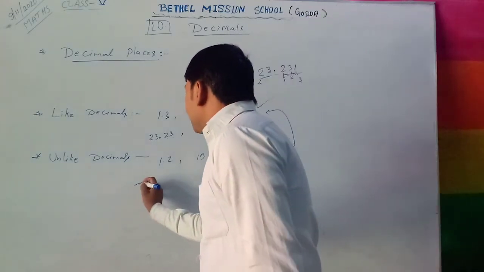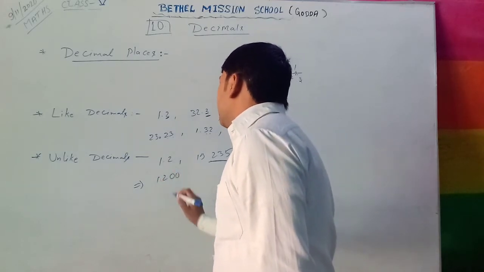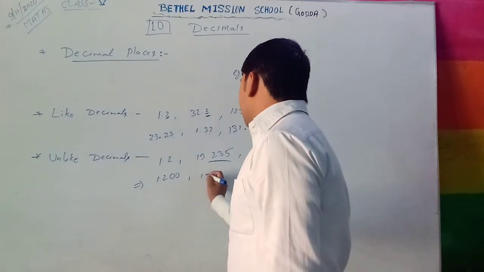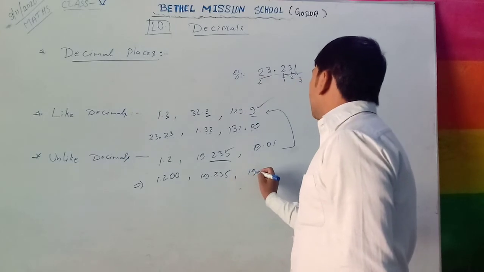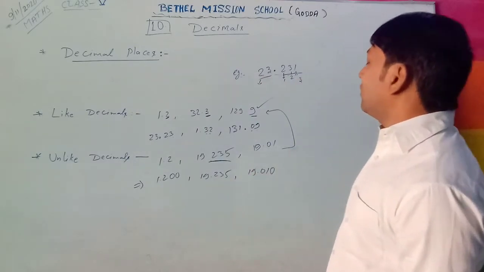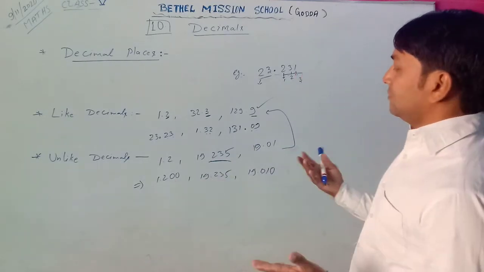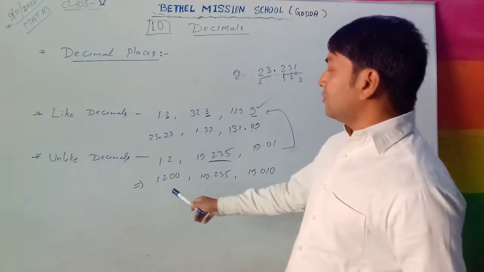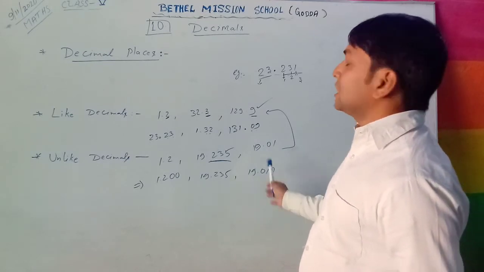If we write 1.2 as 1.200, it becomes 3 decimal places. Also 19.235, and here 19.01. We put one more 0, because a 0 after the decimal has no value, so we can write 1.200 and here 19.010.